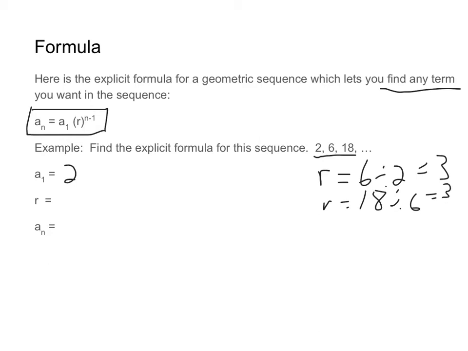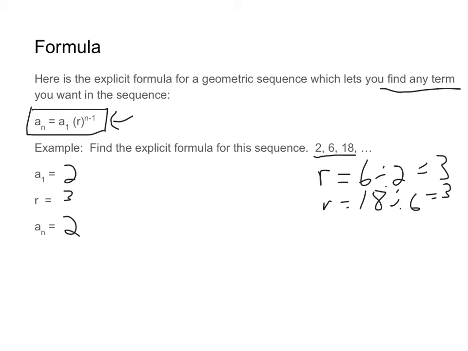That's an easy way to find what you're multiplying each time. Just do the opposite. So in this case r is 3. So now to find my a sub n, my formula, I use the formula up here. A sub 1 we defined as 2, so we put our 2 there.